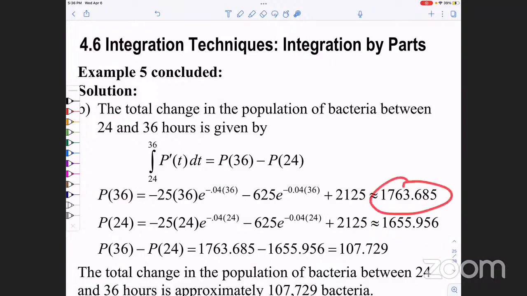You get this result for 36. And then you just subtract them. So the total change in the population between 24 and 36 hours is approximately 107,000 bacteria, right? But it was just piggybacking off of the result that we had just gotten.